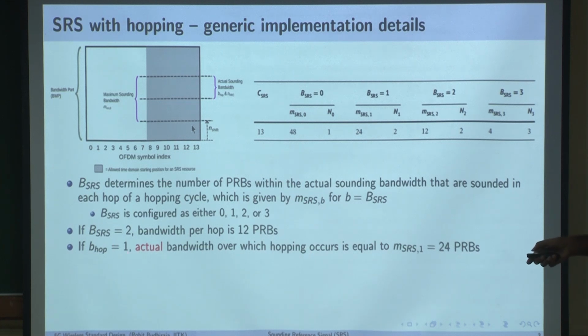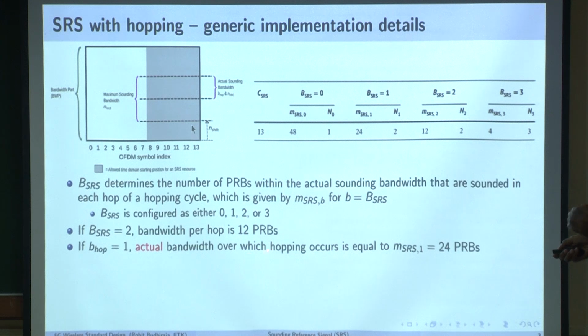I have said B hop is 1, BSRS is 2, and the maximum is MSRS 0. Understand that the maximum which needs to be sounded out is 48. The actual bandwidth over which the hopping is occurring is 24 PRBs, because I have set B hop as 1.